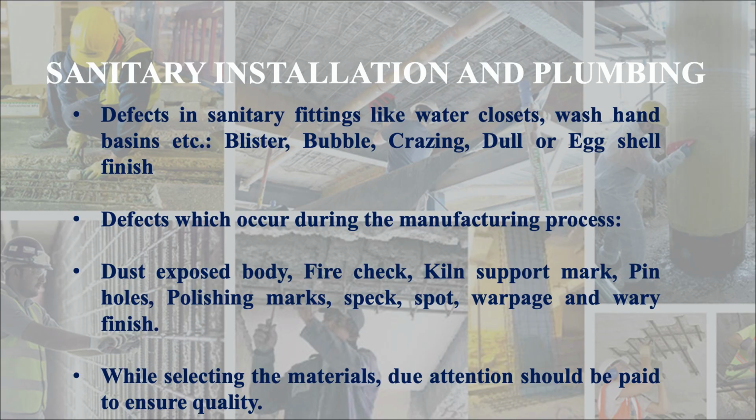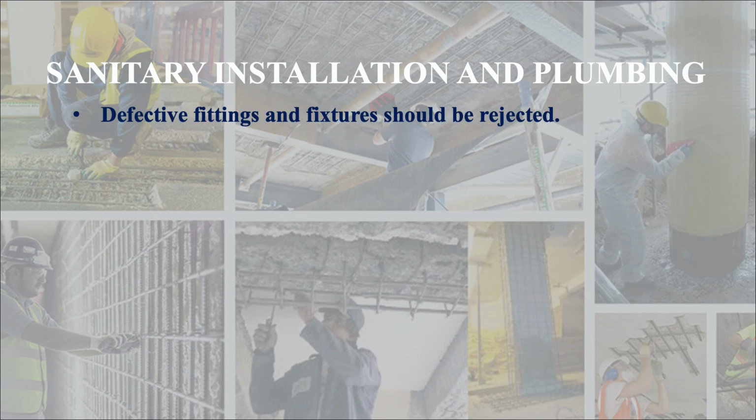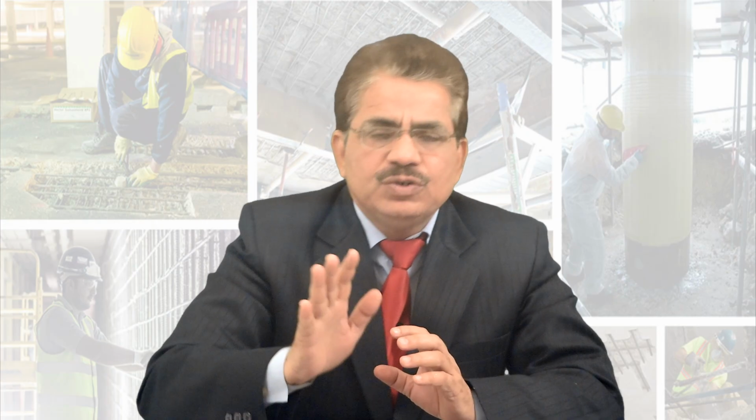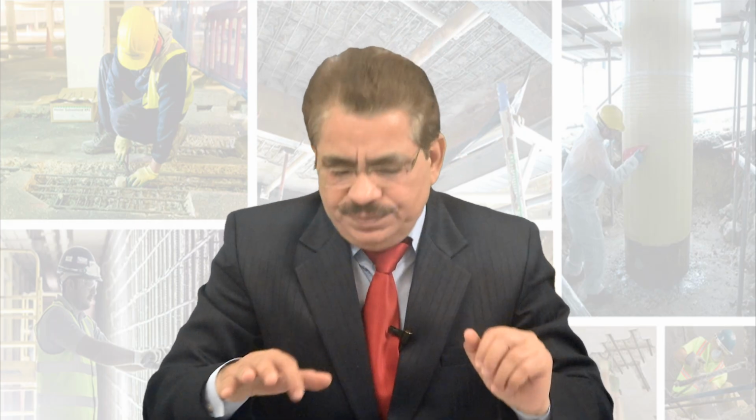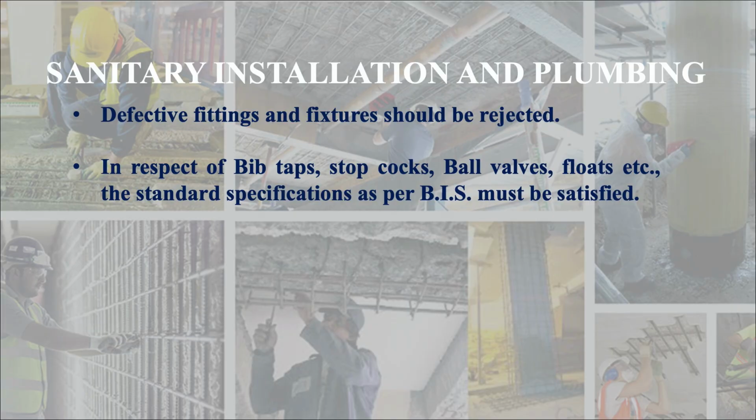While selecting the materials, due attention should be paid to ensure quality, and defective fittings and fixtures should be rejected. They should not be used for construction. In respect of bib taps, stop cocks, ball valves, floats, etc., the standard specification as per BIS must be satisfied.